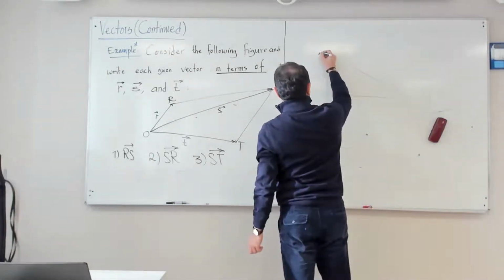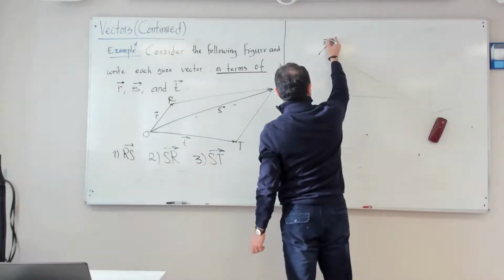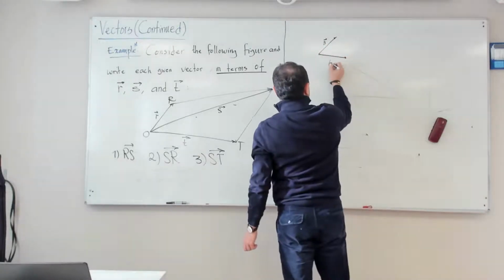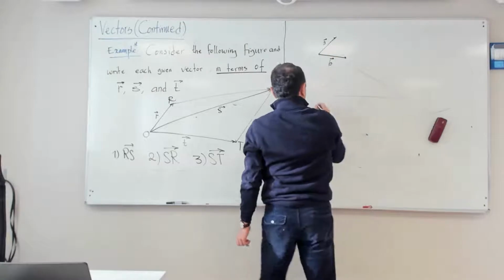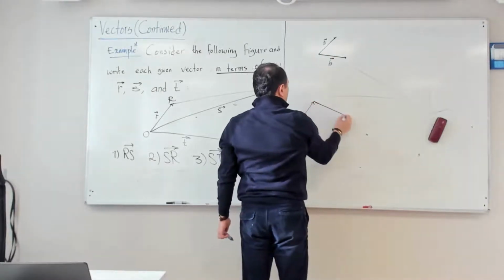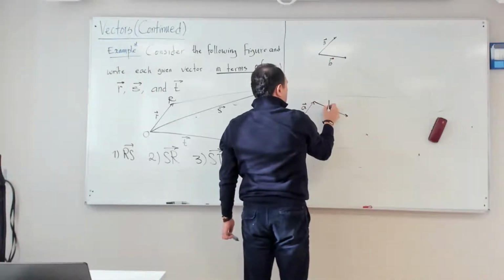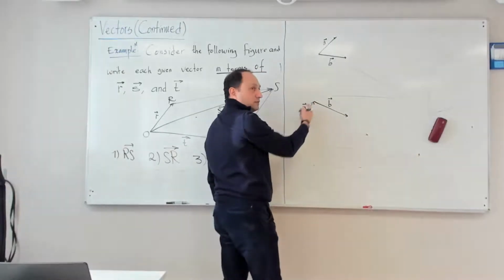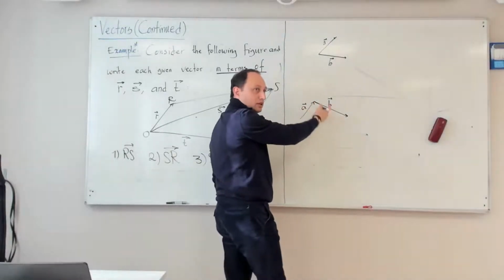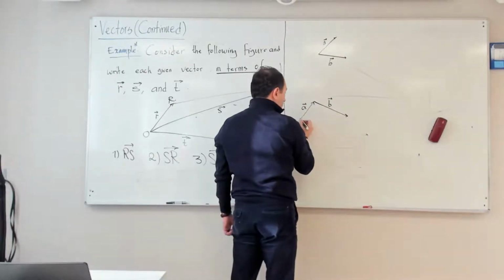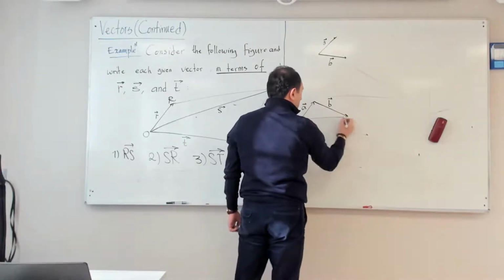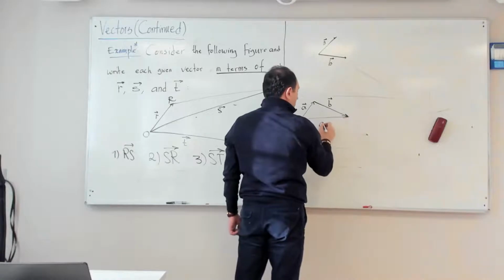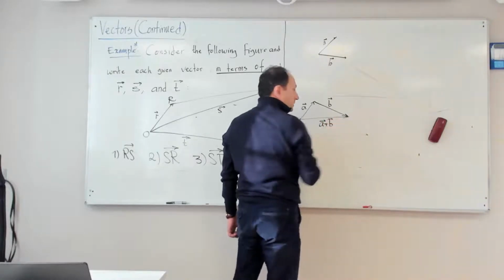If I have two vectors in this form, this is the standard for addition. The second one is drawn from the tip of the first one. If that is happening, addition is the simplest possible thing. You just connect these two points, and then you put the tip of the arrow here. This becomes vector A plus B.